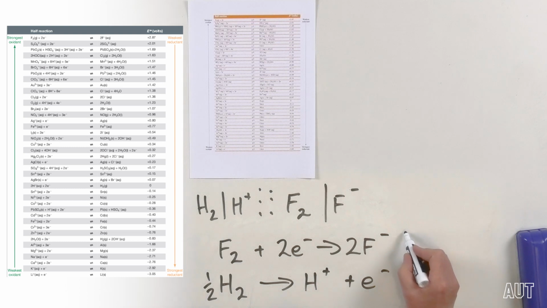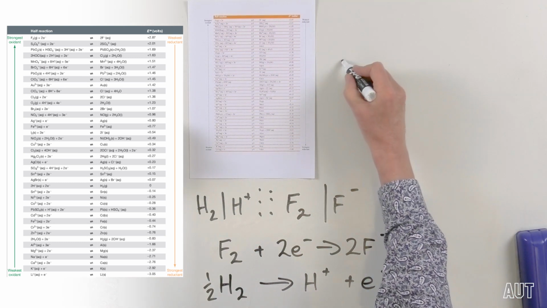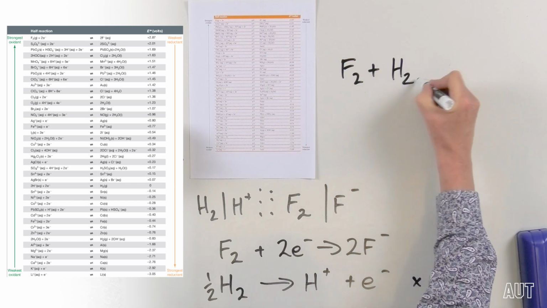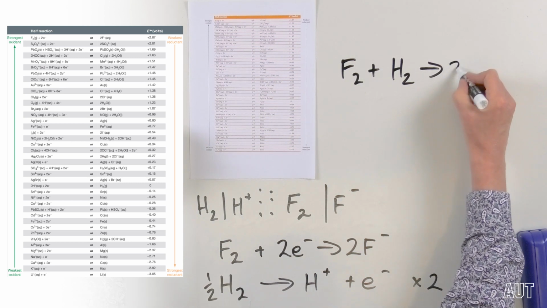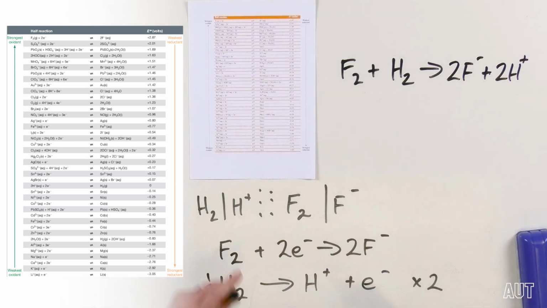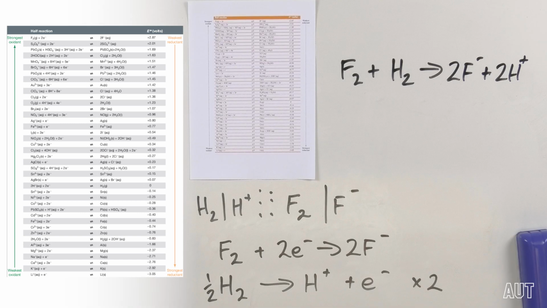And if we're going to make sure that the number of electrons transferred are the same, which we always should, then we would multiply this by 2, and we would get the overall equation F2 plus H2 giving 2F minus plus 2H plus, okay? And hopefully that is overall a balanced equation.